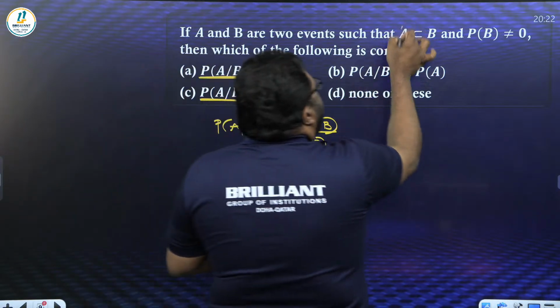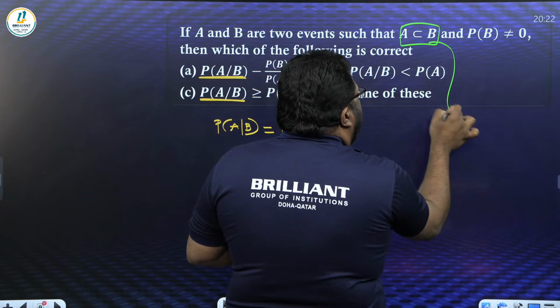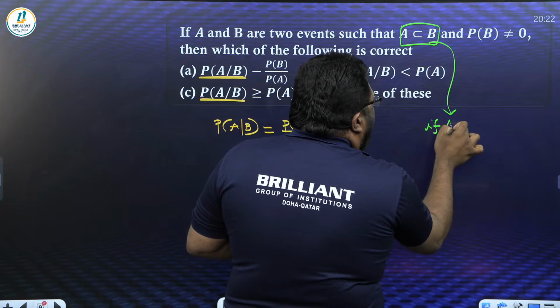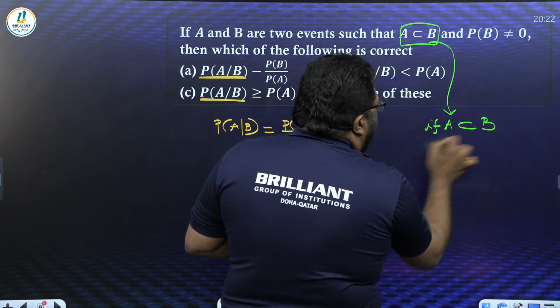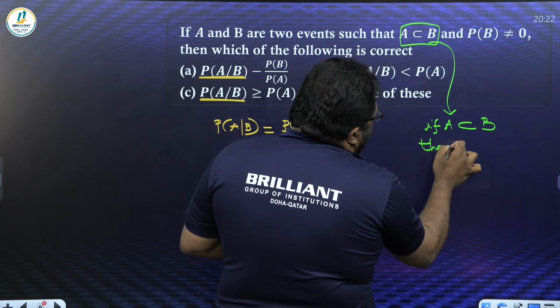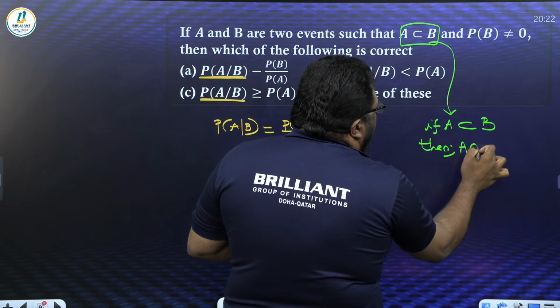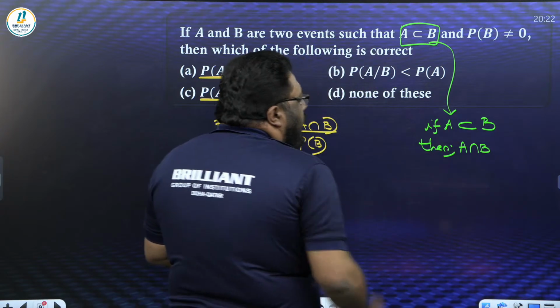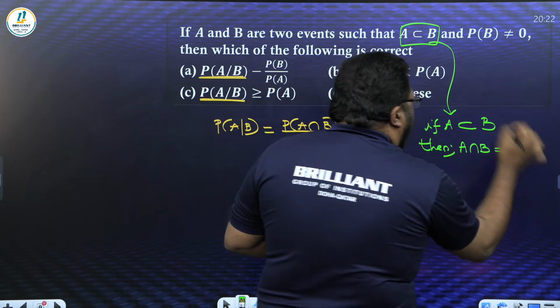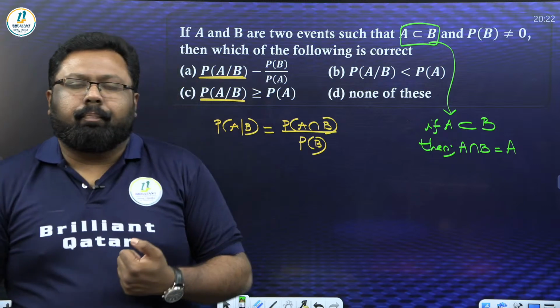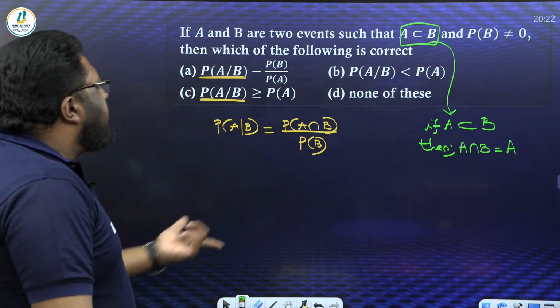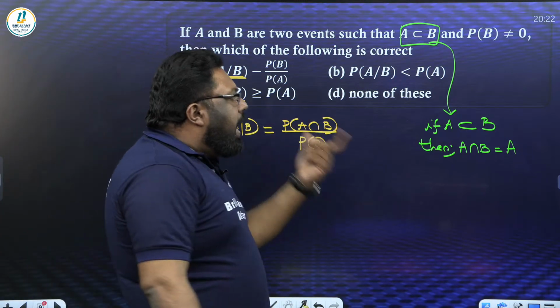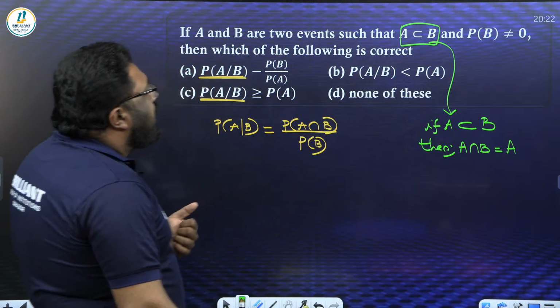They are saying that A is the subset of B. If A is the subset of B, then there is no doubt that A intersection B is equal to A.